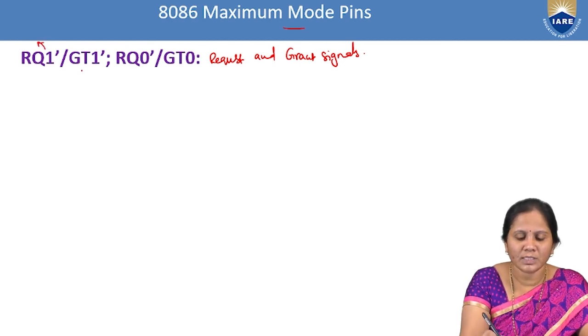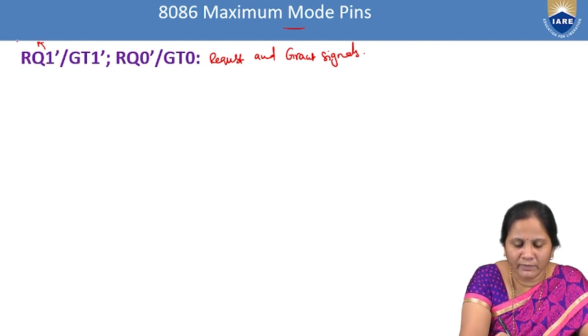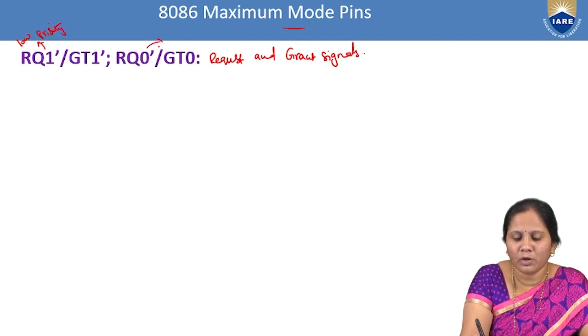Among these two, RQ1 and GT1 have the low priority, whereas RQ0 and GT0 have the high priority.